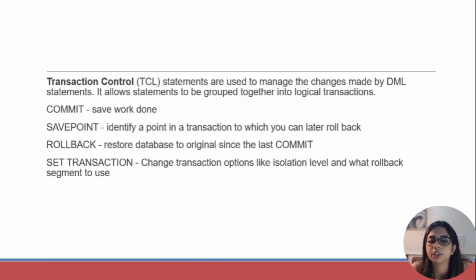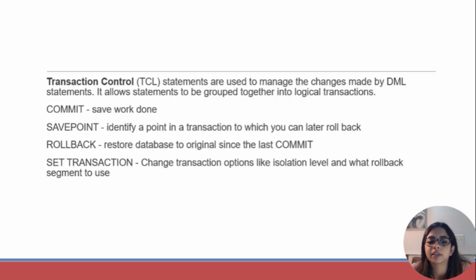And rollback restores the data to the previous, the last commit. So let's say you have done commit 1 and you are moving forward, and then you roll back. Whatever you have done after commit 1 will be gone and it will reach up to commit 1, because you roll back up to the last commit.